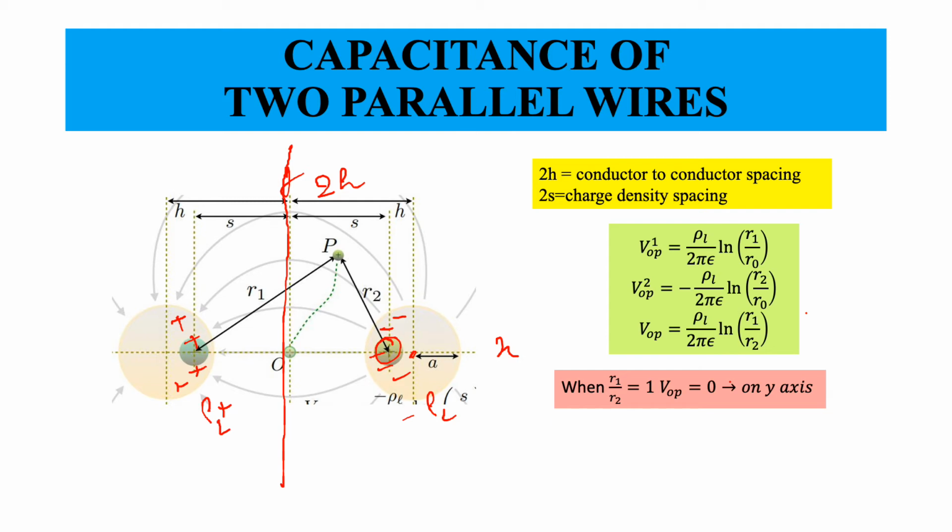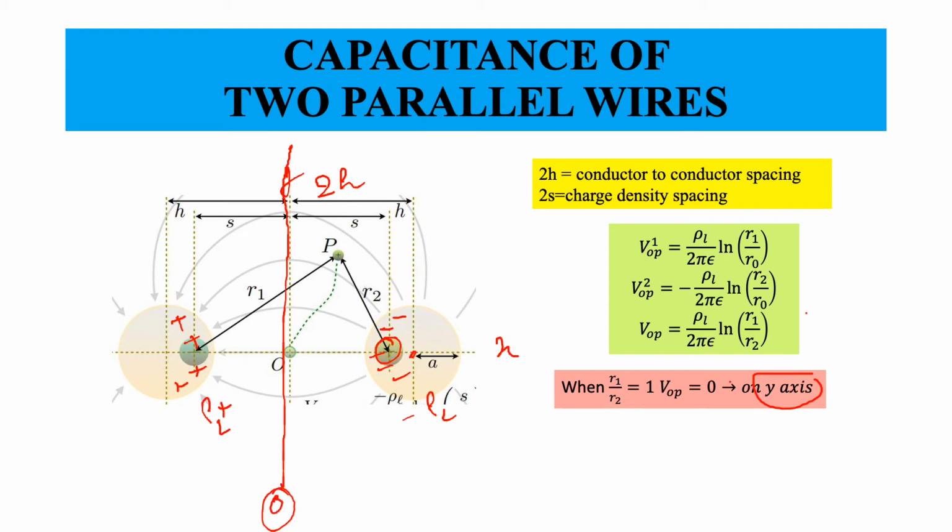In other words, this happens on the y-axis, because all the points on the y-axis for this case would be equally distant from the negative as well as the positive charge density. So because of this, the potential will be 0 and the y-axis is this 0 potential that we are considering.